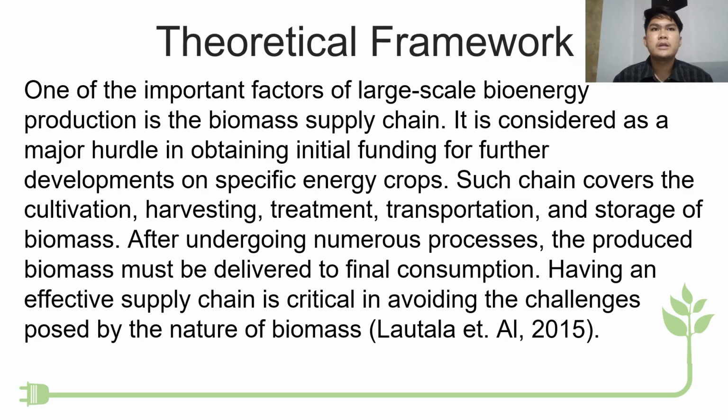For our theoretical framework, one of the important factors of large-scale bioenergy production is the biomass supply chain. According to Lautela et al. in 2015, such chain covers the cultivation, harvesting, treatment, transportation, and storage of biomass. After undergoing numerous processes, the produced biomass must be delivered to final consumption. Having an effective supply chain is critical in avoiding the challenges posed by the nature of biomass.